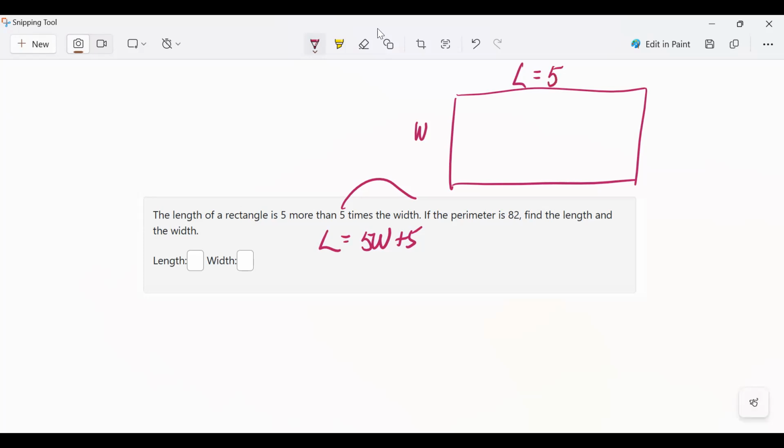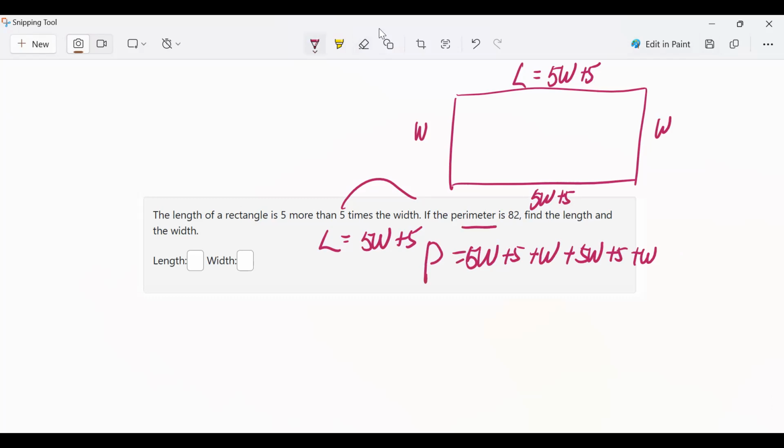So that's 5W adding 5, and this is 5W adding 5, and this is W. Now we have all 4 sides in terms of W. We can just add them up. So it's 5W plus 5, plus W, plus 5W plus 5, plus W, equal to the perimeter.